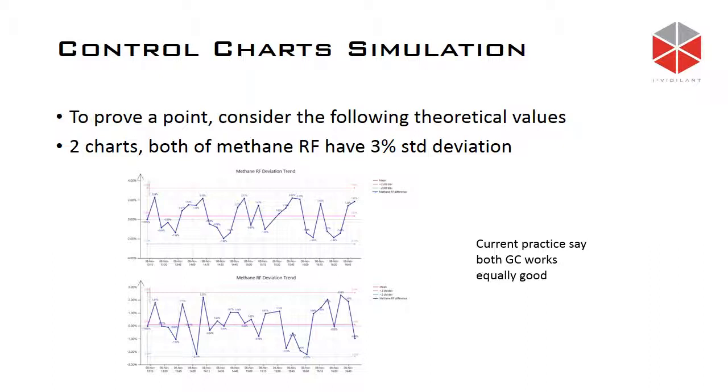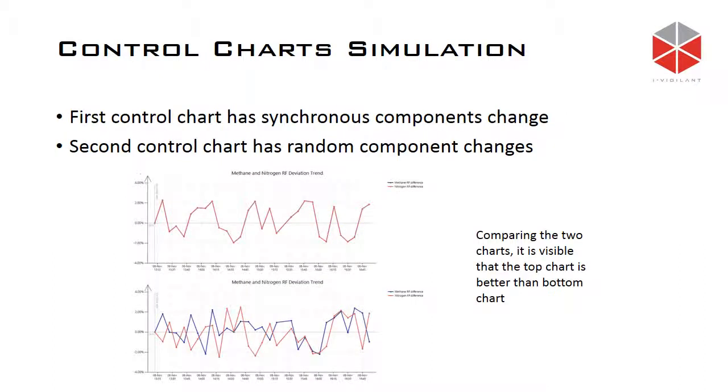Basically, the current practice says that both GCs work equally well. If we see this chart here, the first chart is only on the methane, and now we actually put methane and nitrogen in the same trend.